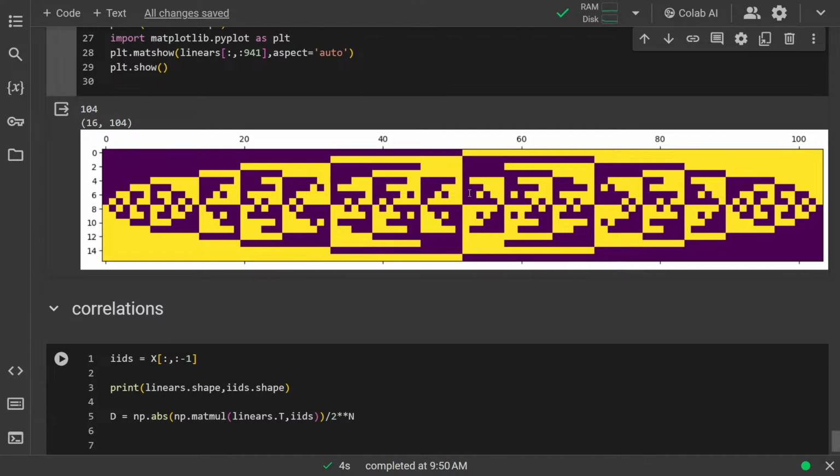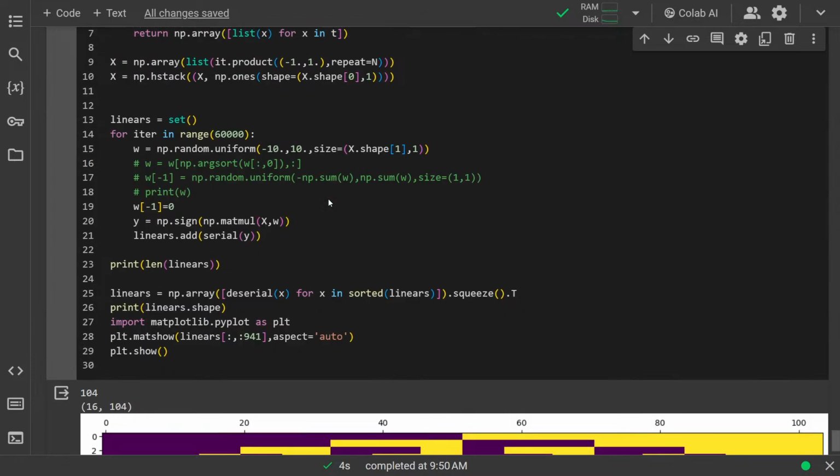So, all right. These are n equals 4 linear threshold functions that are also balanced, so they have an equal number of... Just for culture, we can redo this without the balance constraint. That's the constraint that sets the bias to 0.